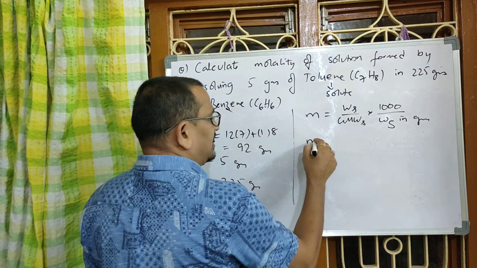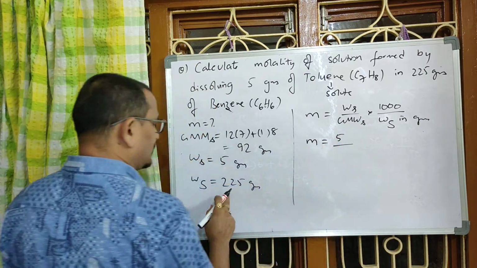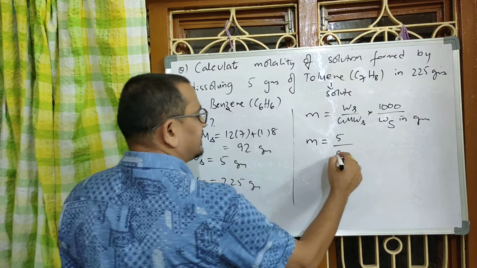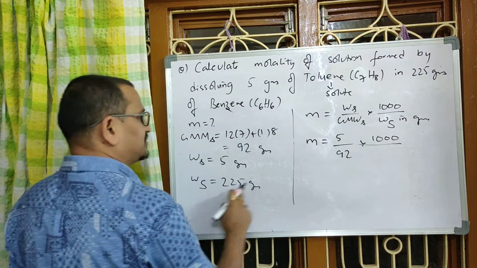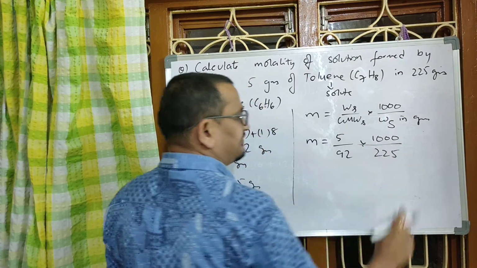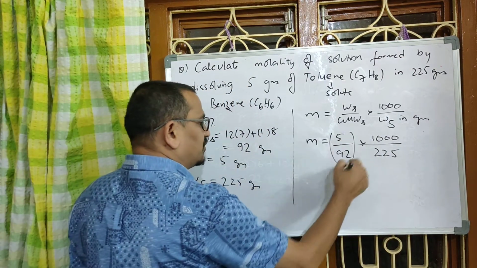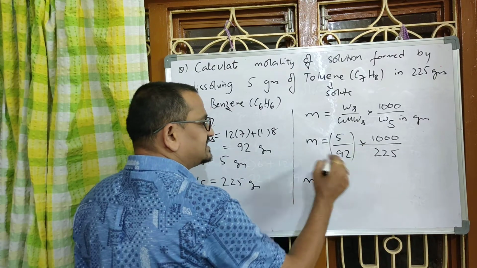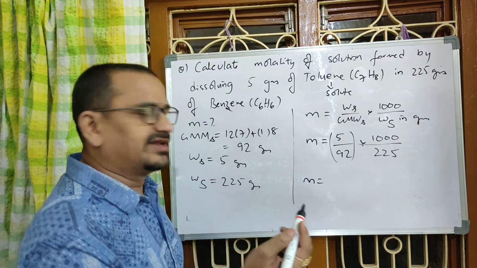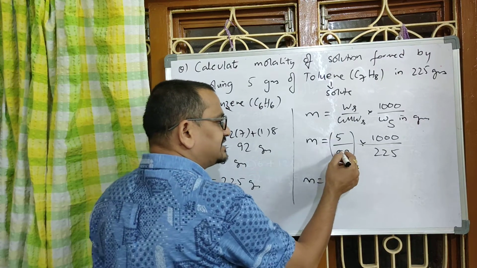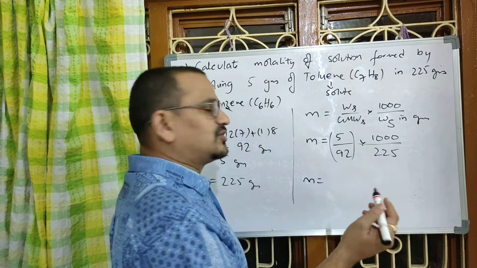Now, molality equals, what is the weight of solute given? 5 over the gram molecular weight of solute, 92, into 1000 by, what is the weight of solvent? 225. Now this is the number of moles. What does this value correspond to? 5 by 100 is 0.05, right? Here the denominator is lowered, less than 100. So the final value will be more than 0.05.